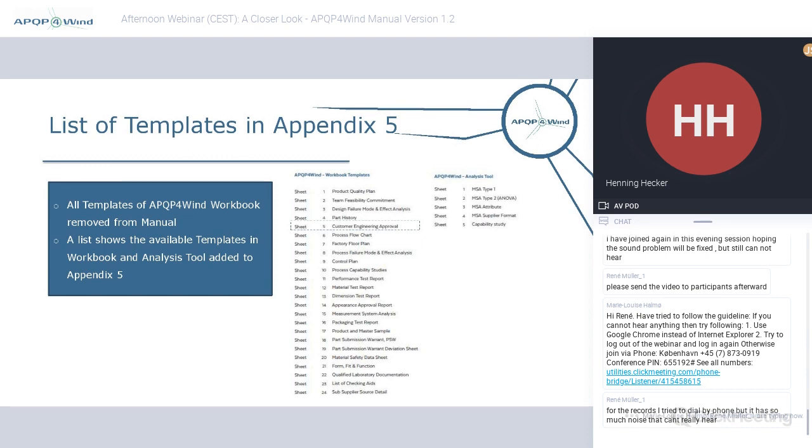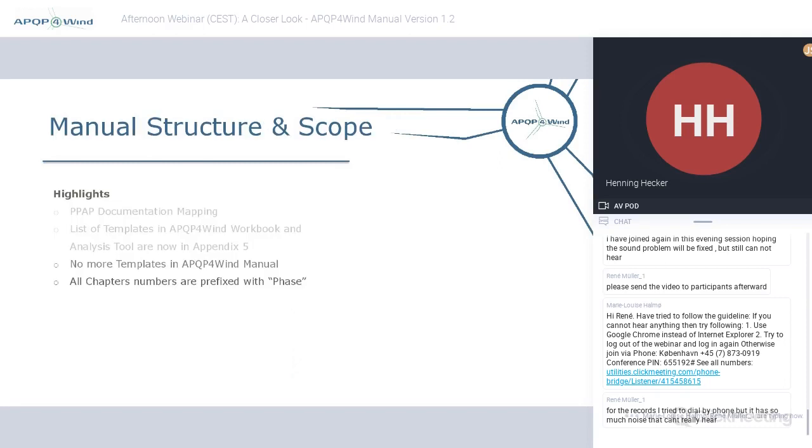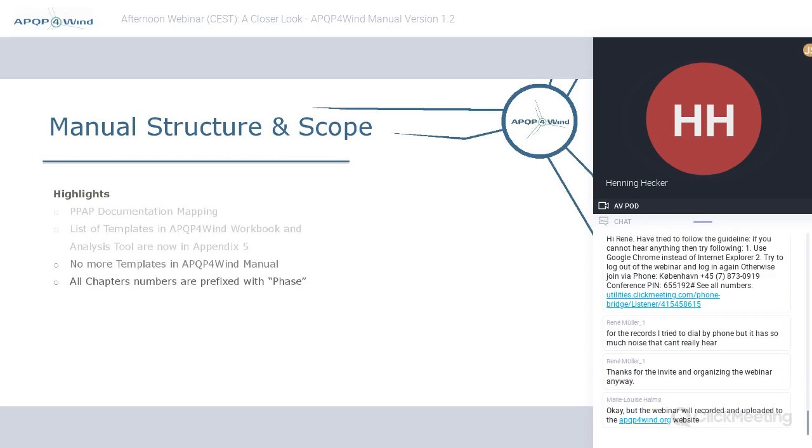We added only one little appendix, and this is Appendix 5 now. For all what I said before, there are no more templates in the APQP4Wind manual, and of course all the chapter numbers are now prefixed with the phases. The phases are according to the APQP4Wind framework, which I showed several slides before.